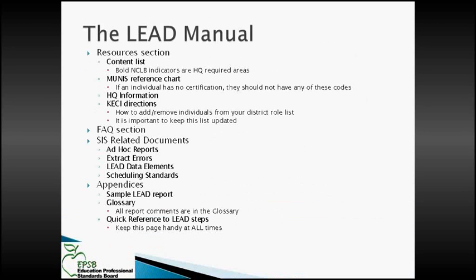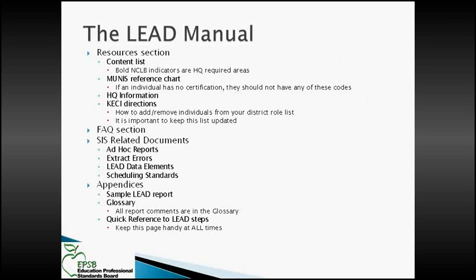The LEAD manual is going to be very similar to last year, although there have been enough tweaks to different sections that I'm probably going to post a whole new LEAD manual and not just an excerpt session. But we're going to have the content list again, it shows what areas are HQ required, if that helps your school. The Munis certification reference chart, HQ information, KC directions.